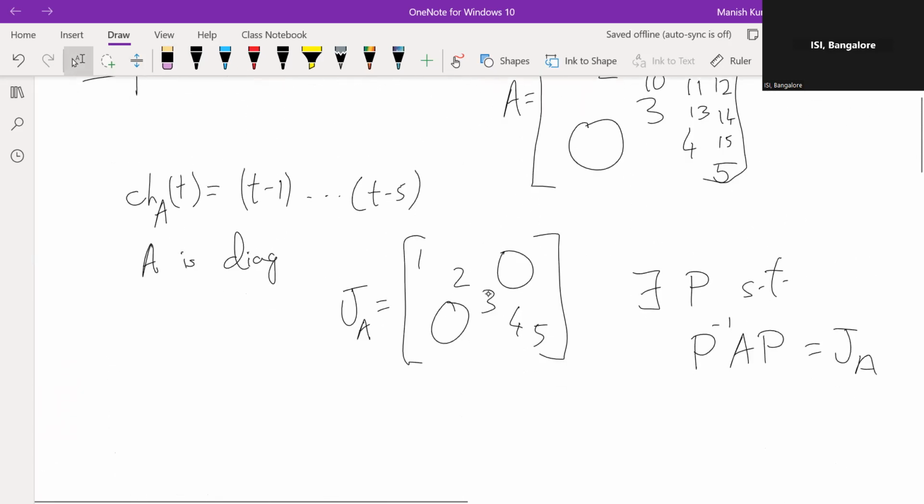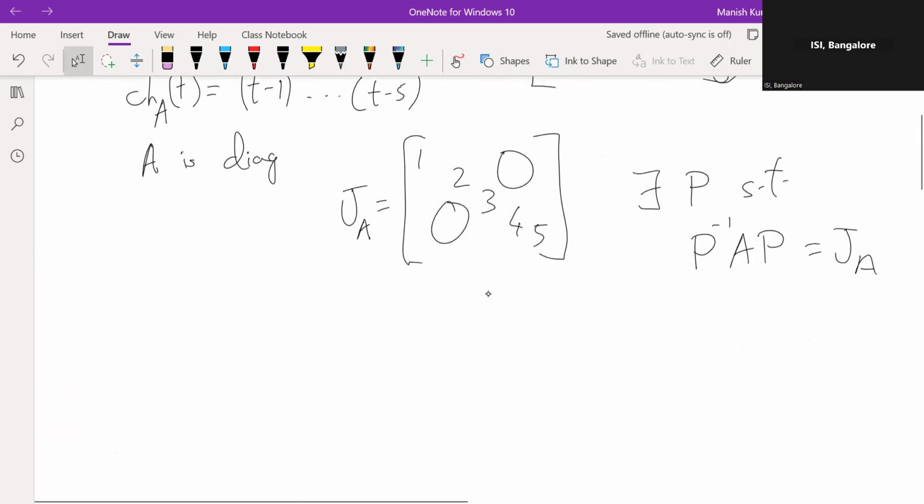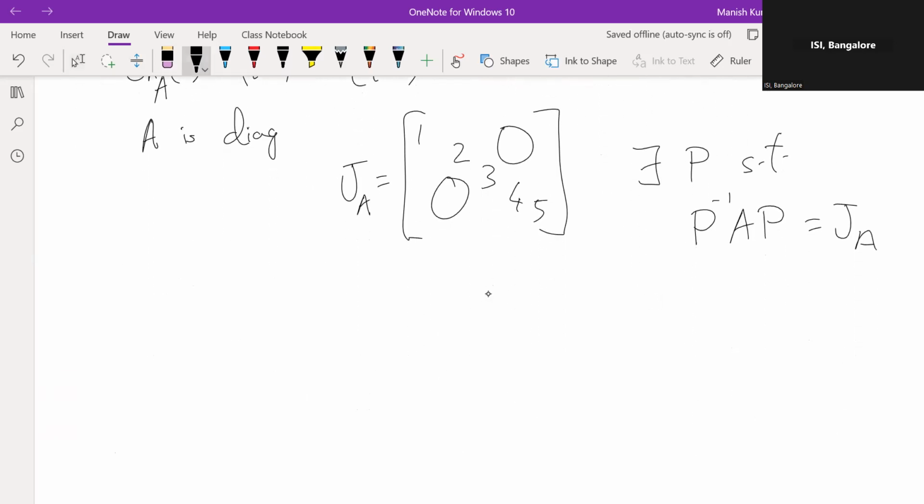So let A be such that the characteristic polynomial of A is, let's say, T minus 1 to some power times T minus 2 to some power, and the total degree has to be 5.